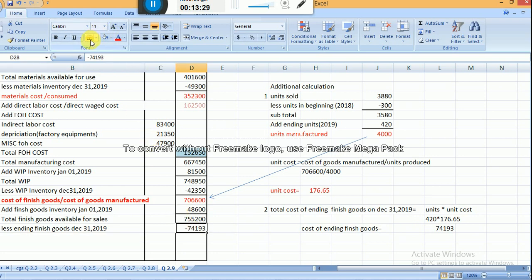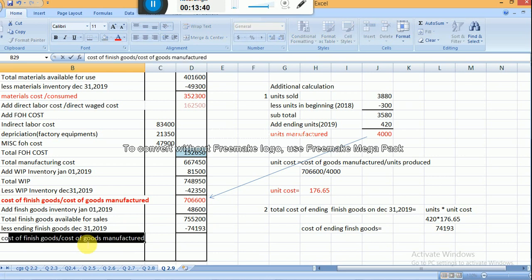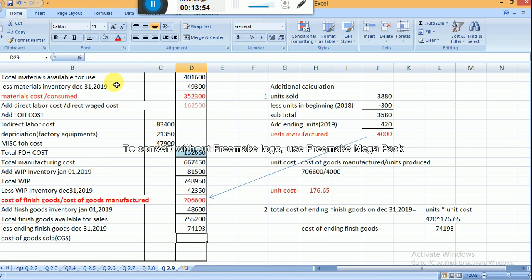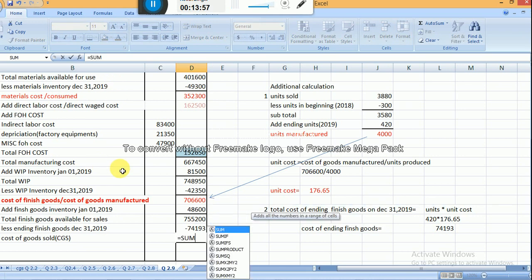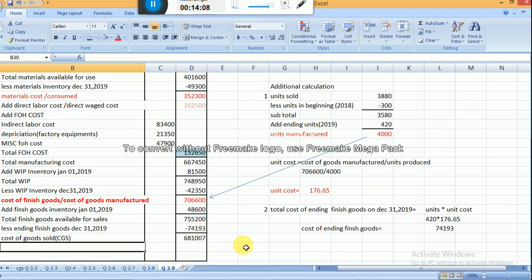So look, total finished goods was 7,55,200, and now in the store we have 74,193 of finished goods. So how much is the cost of goods sold? CGS equals 7,55,200 minus 74,193.